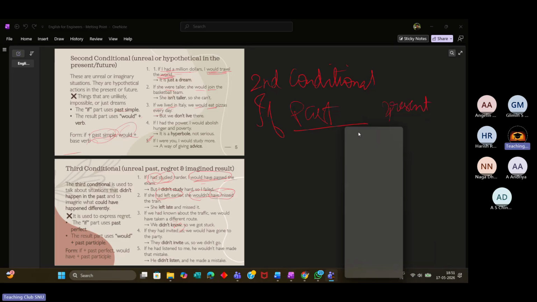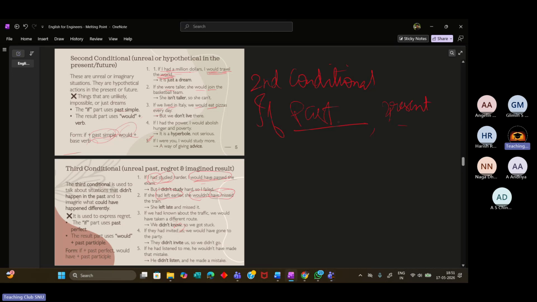If that happens, then that's the second conditional. So we add the past simple after the if, and in the result we add would plus the base form of the verb. And if it's the third conditional, what does it look like?